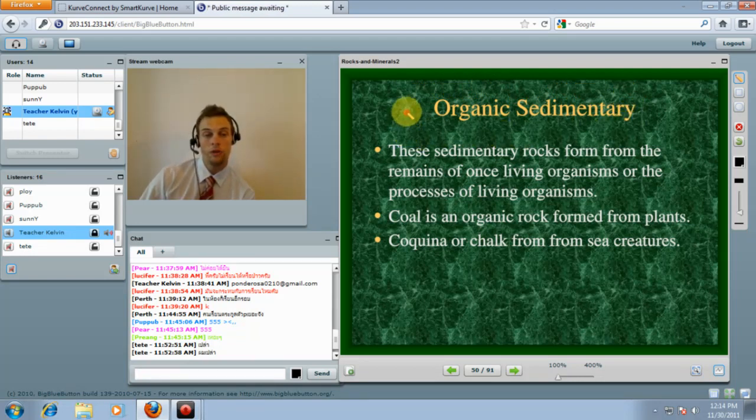Over time, this organic material, the remains of once living organisms, is deposited within the earth. Layers of rock form on top of this, and then this stuff is broken down and becomes this kind of organic rock. And coal is an organic rock formed from plants, and it's a huge source of energy.